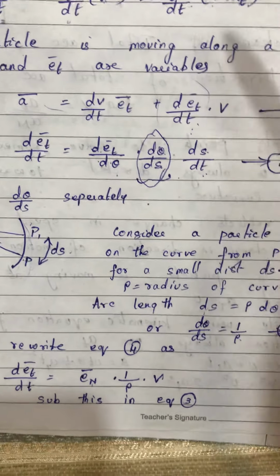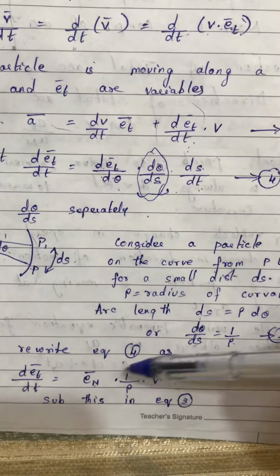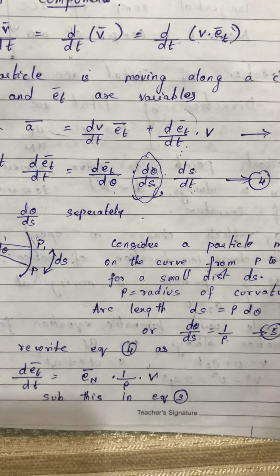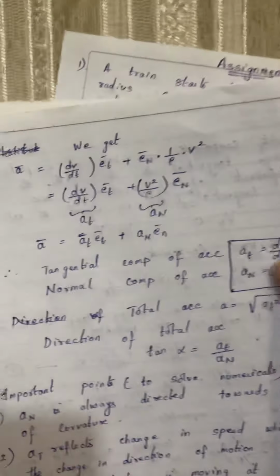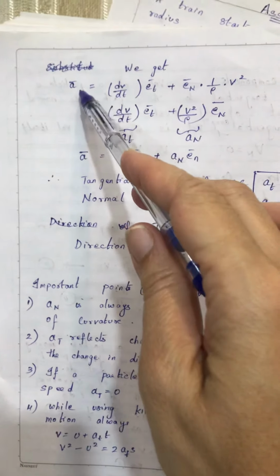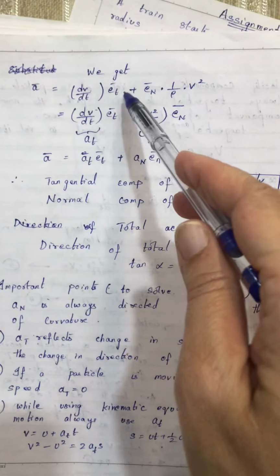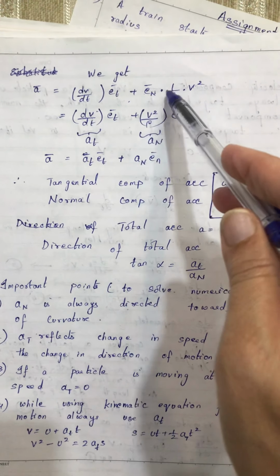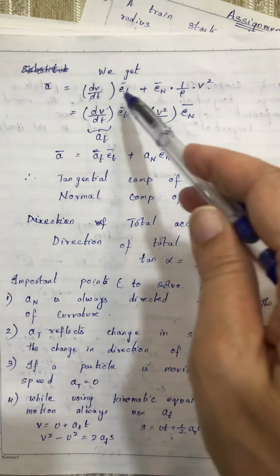Substitute this in equation 3. So we get acceleration as dv by dt et plus en into 1 by rho v square.